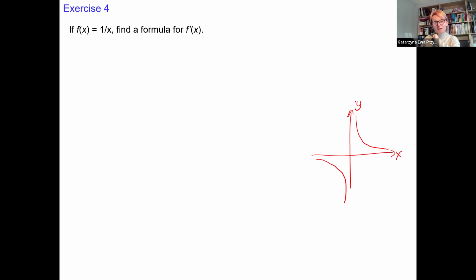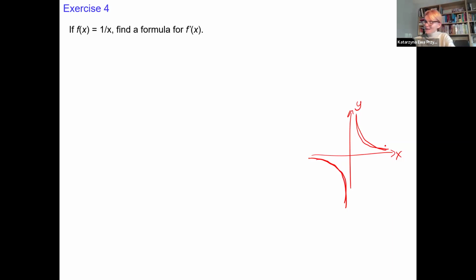What do we see? We see decreasing function, decreasing, negative, negative. Okay, that means we are expecting the formula for all of the values of x except 0, because we can see 0 is not in the domain.